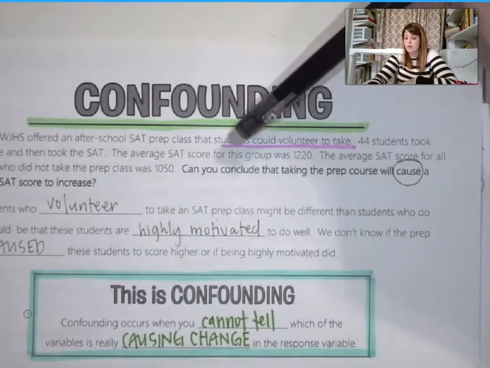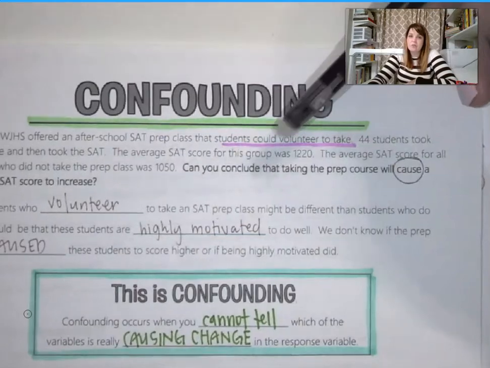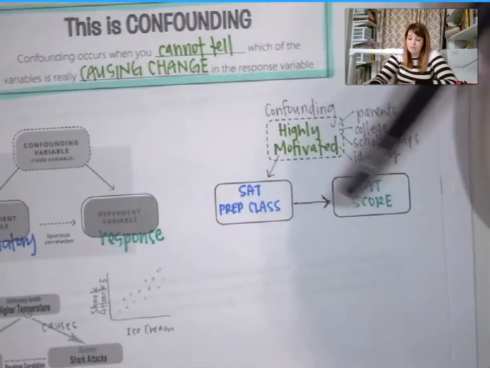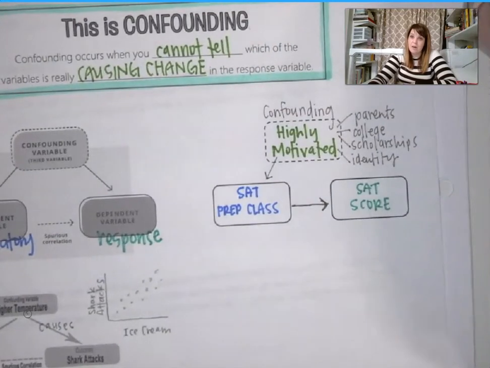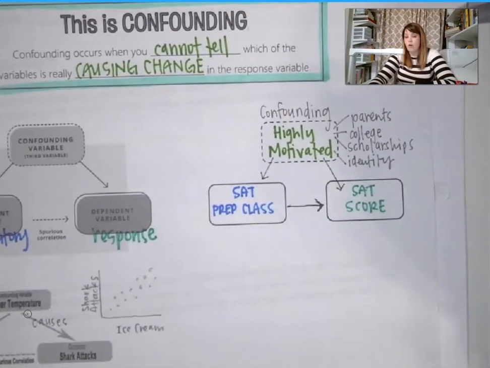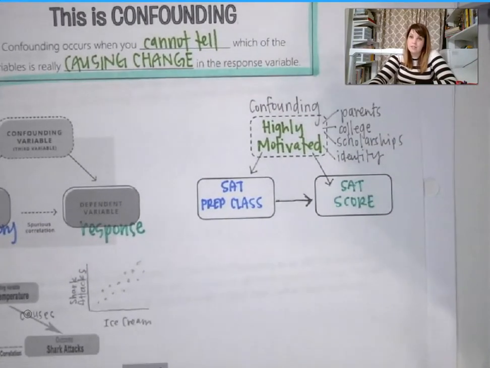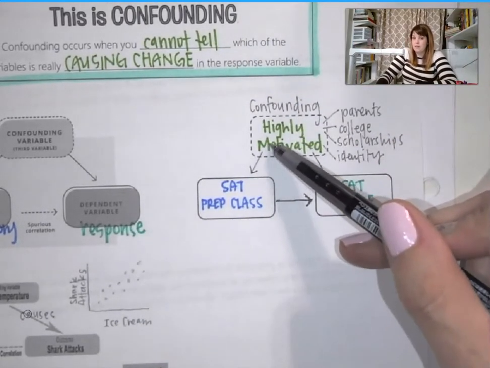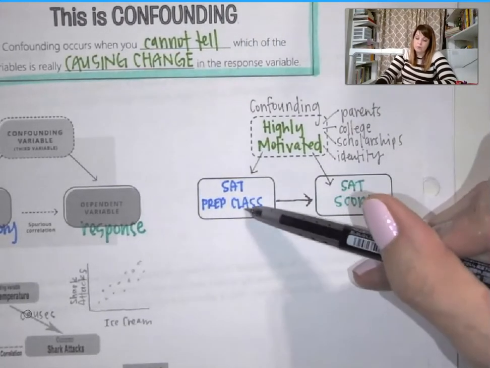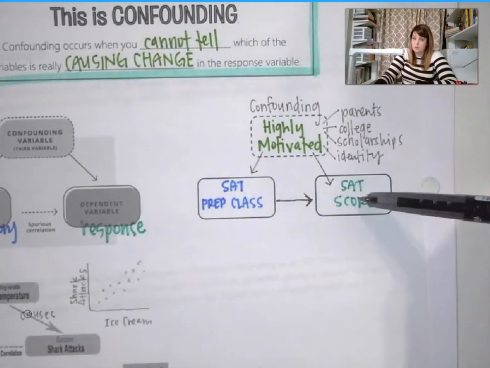Because remember up here, I highlighted students volunteered to do this. Well, I'm probably going to volunteer to take this class if I'm highly motivated to get a good SAT score. That can also cause a higher SAT score, just being highly motivated. So notice, the confounding variable has to cause both the explanatory and the response.